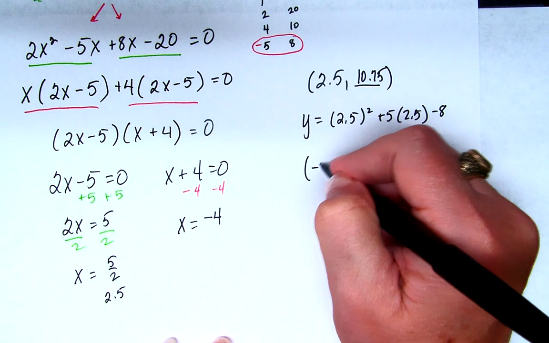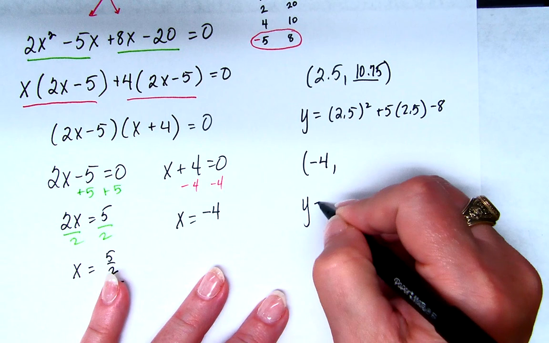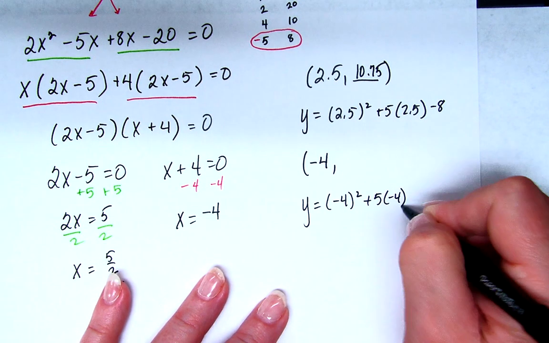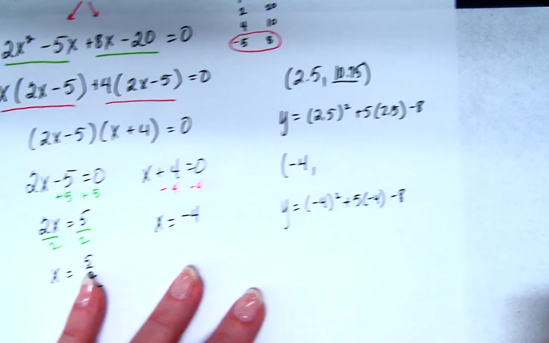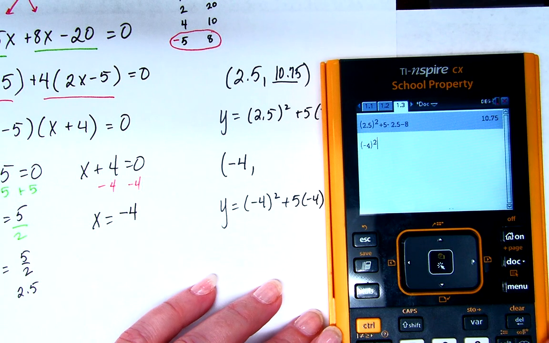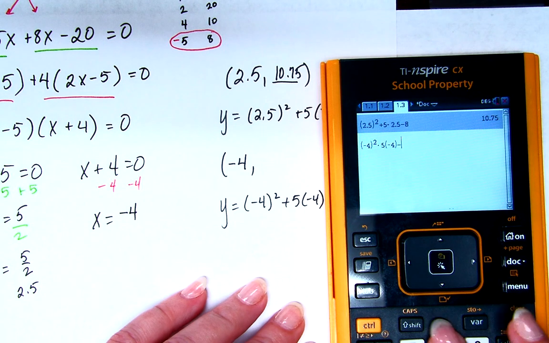What happens when x is -4? Don't I do the same thing? Y equals -4 squared plus 5 times -4 minus 8. So -4 squared plus 5 times -4 minus 8.